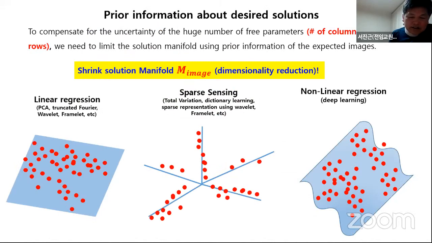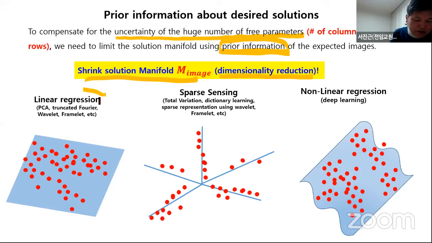And for the last 30 years, many people have used prior information to compensate for the uncertainty of the huge number of free parameters. You need to limit the solution manifold using prior information of the expected images. That means you need to shrink the solution space, the solution manifold. You need dimensionality reduction.